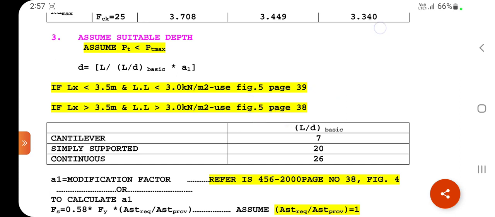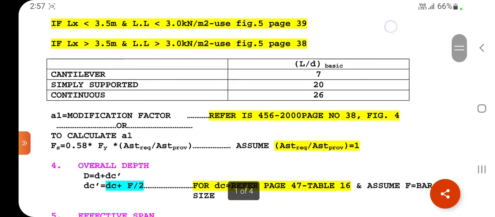For a cantilever slab, L by d basic is 7. For a simply supported slab it is 20, and for a continuous slab it is 26. And alpha 1 is the modification factor.